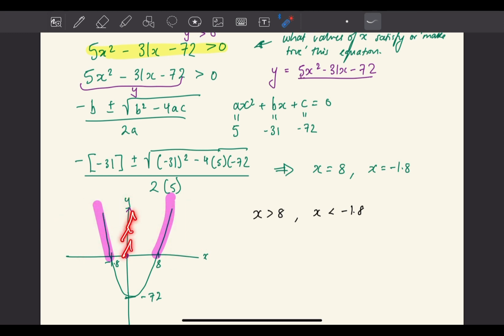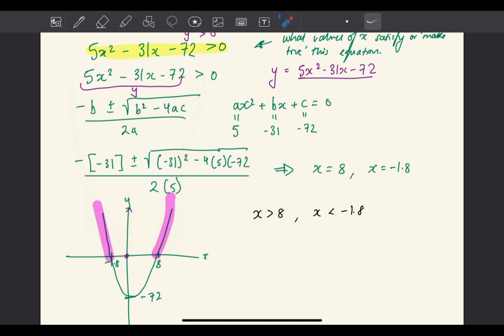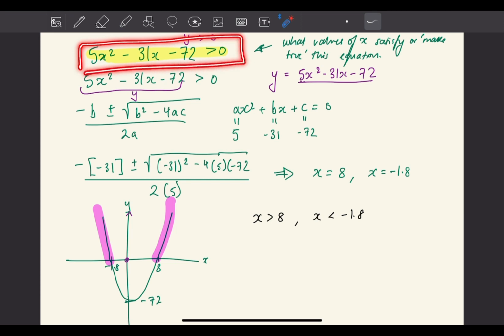So all of this, all of that, and all of this onwards to infinity, all of that is y greater than 0. And y is greater than 0 when x is greater than 8, and y is greater than 0 when x is less than minus 1.8. Hence our solution to the inequality. Again, rephrasing, when x is less than minus 1.8, 5x squared minus 31x minus 72 is greater than 0, so that's satisfied.